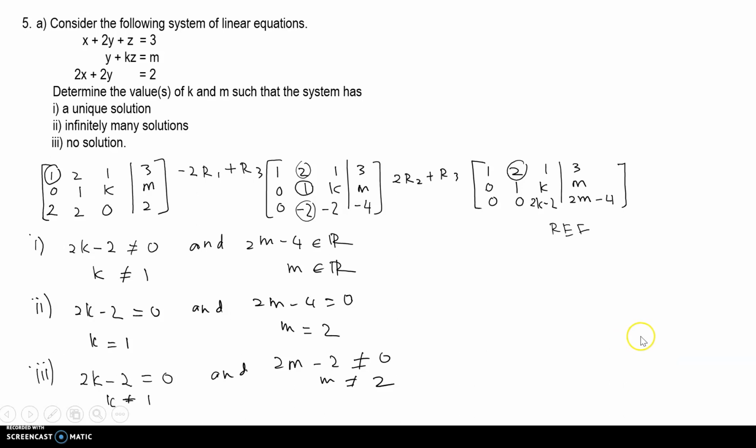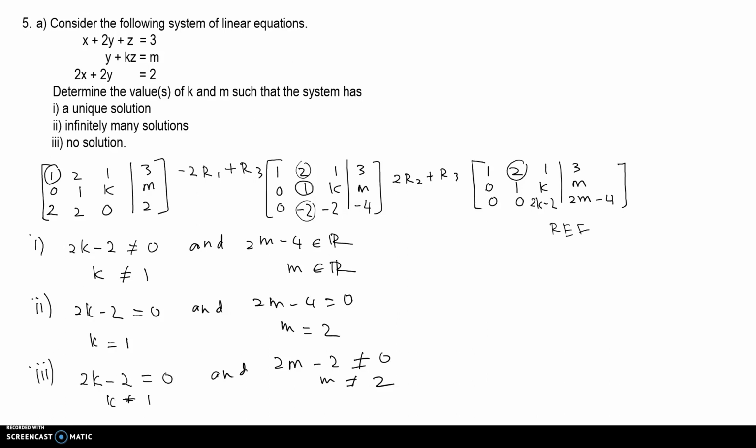Okay, so I hope you understand how it works. We have learned how to transform the system into an augmented matrix. You should know how to transform that. And then you should know how to apply elementary row operations to get a row echelon matrix.